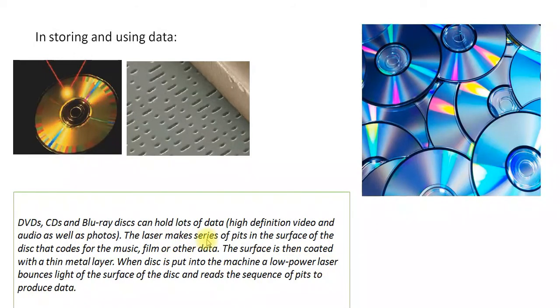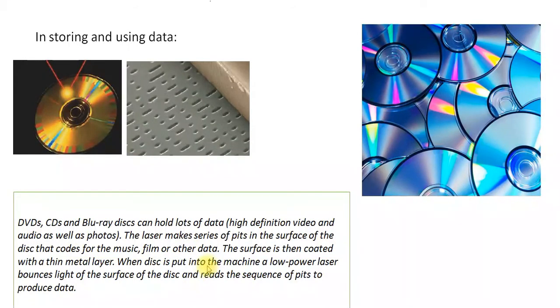The laser makes a series of pits in the surface of the disc that codes for the music, film, or the data. The surface is then coated with a thin metal layer to make it cleaner or smoother, as the case may be.